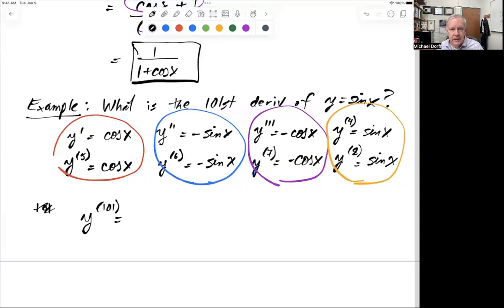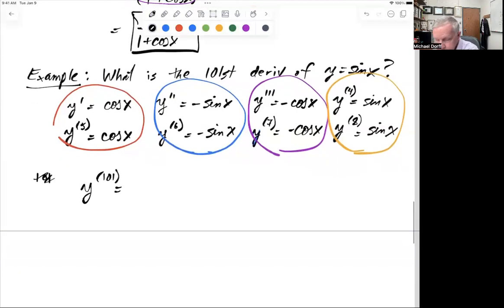In other words, dividing 101 by 4 and looking at the remainder. 101 divided by 4 is the same thing as the first derivative, because 101 equals 25 times 4 plus 1.